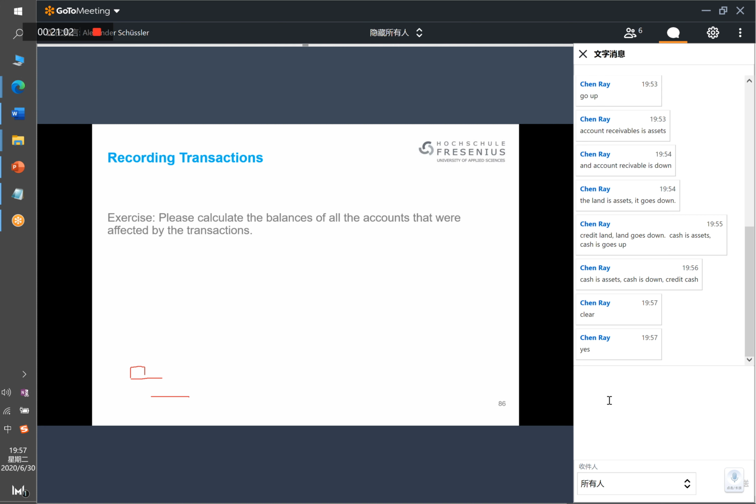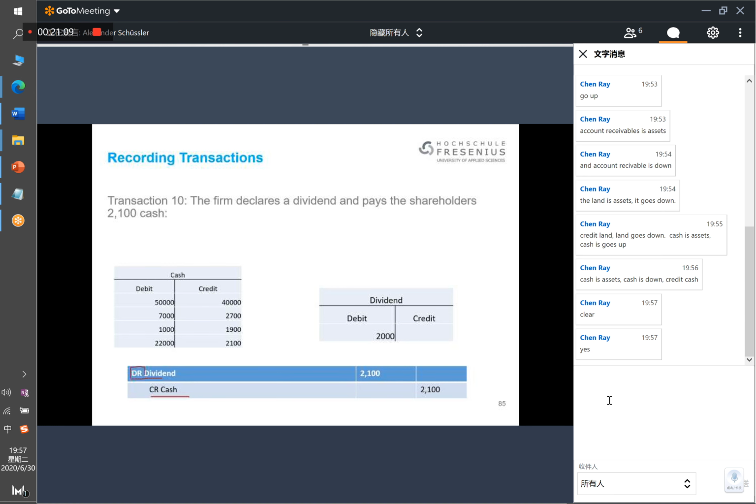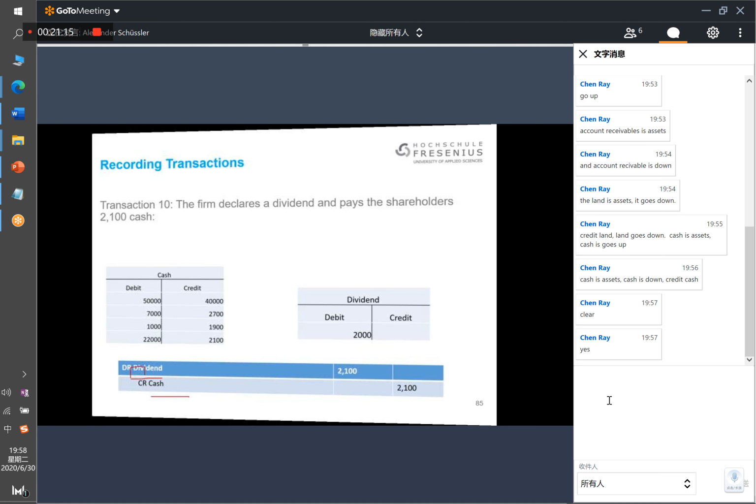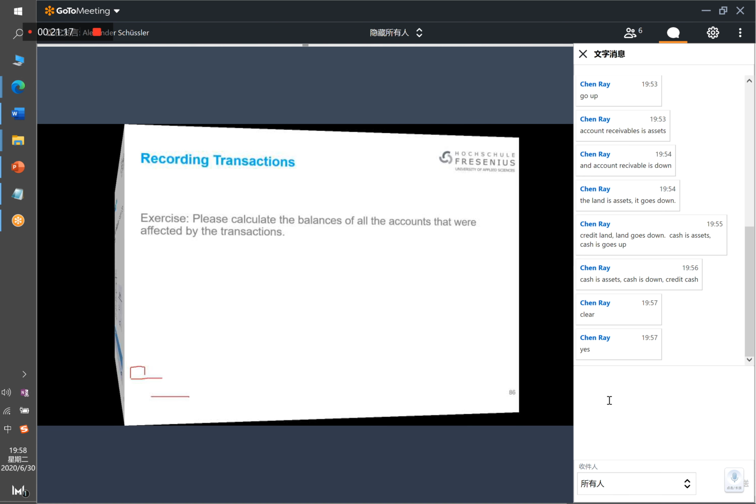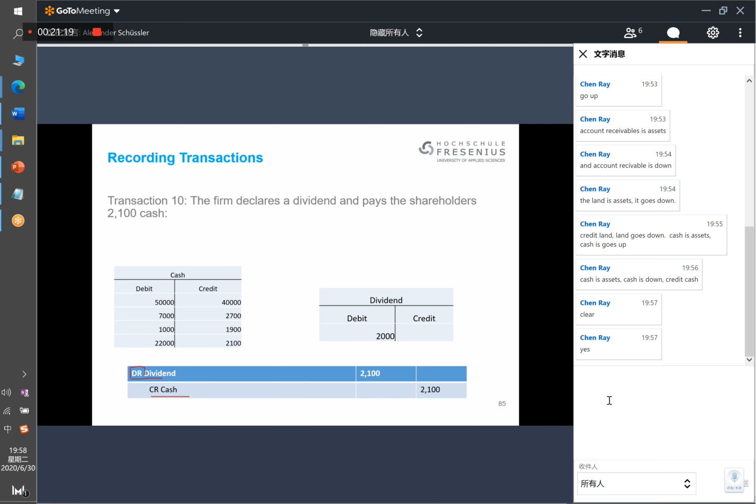I sent you the slides per email. Let's first do that exercise with the dividend. We have to calculate the balance of the cash.